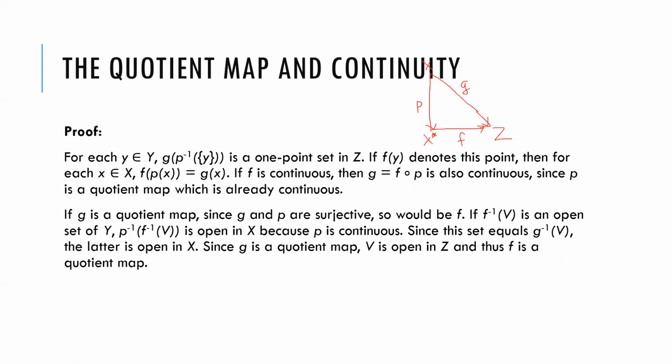For this corollary, to prove that F is actually an injective map, can we use the property that G is a map that is consistent on each set, the preimage of a single element Y?